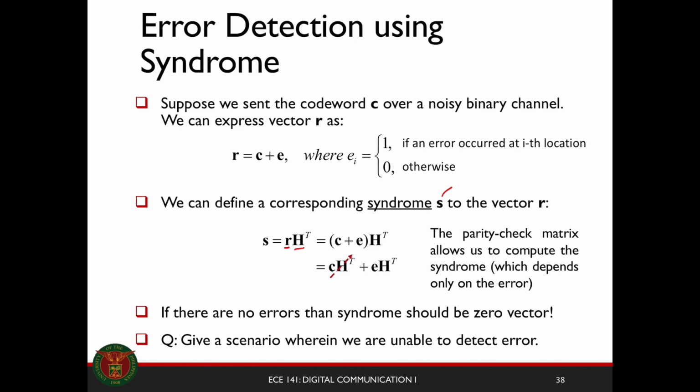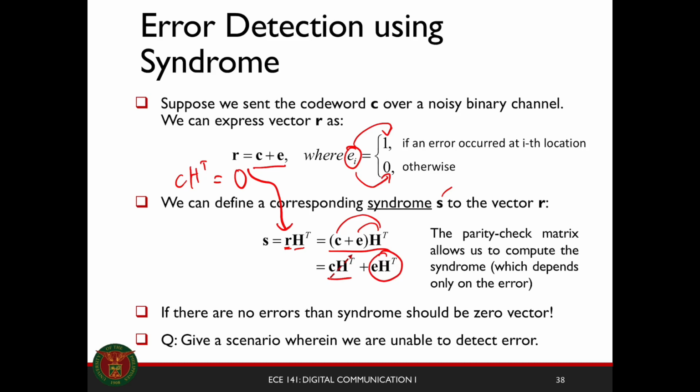Recall that if you multiply the parity check matrix to a code word, you get the 0 vector. R is equal to C plus E, where E represents an error: it's 1 if there is an error in that position, 0 otherwise. If you substitute R, you get this expression, you can multiply H transpose to both terms, and C times H transposed is equal to 0, as you know. So we're only left with E times H transposed.